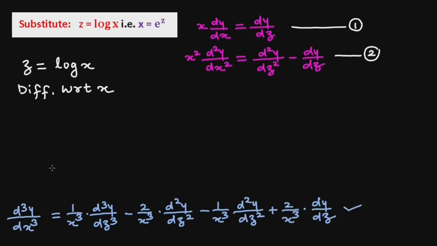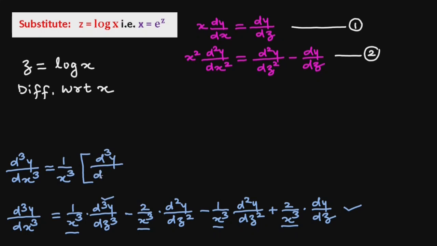This further will be d cube y upon dx cube equals, taking 1 upon x cube as a common factor, into this d cube y upon dz cube minus 2 minus 1, minus 3 into this d2y upon dz square, plus this 2 dy by dz.